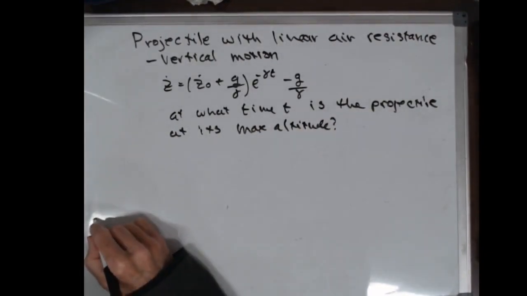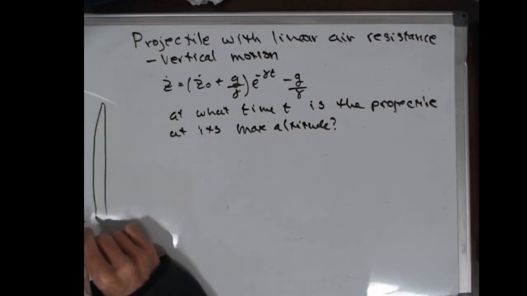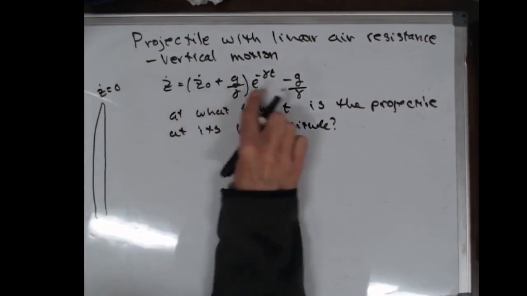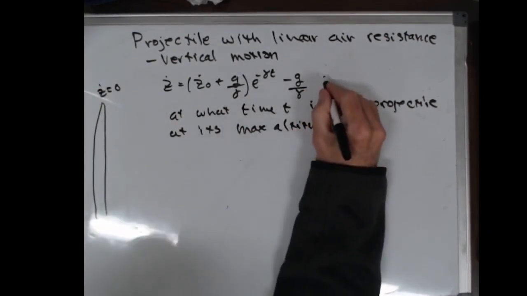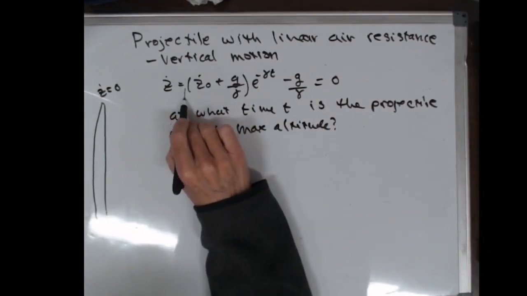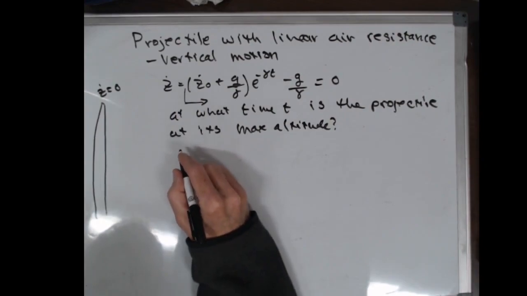In other words, we send the object up with initial velocity z dot naught, it goes up and it comes back down, right? And so up here, z dot is equal to 0, and so we can just set this equal to 0, and then solve for t.